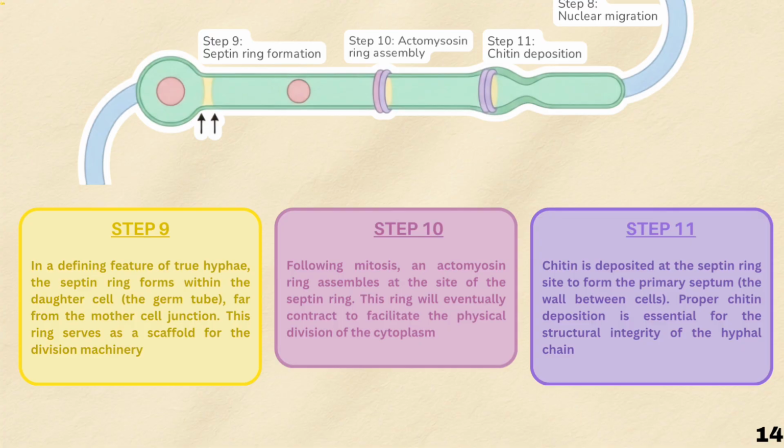This ring will eventually contract to facilitate the physical division of the cytoplasm. The cell then begins chitin deposition at the septin ring site to form the primary septum. Proper chitin deposition is essential for the structural integrity of the hyphal chain.